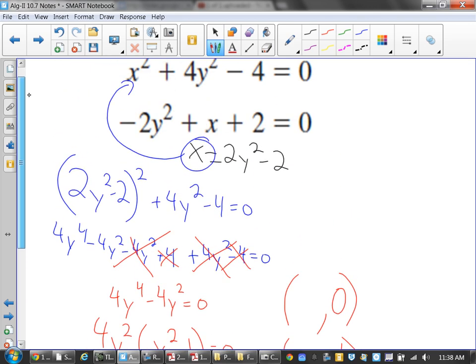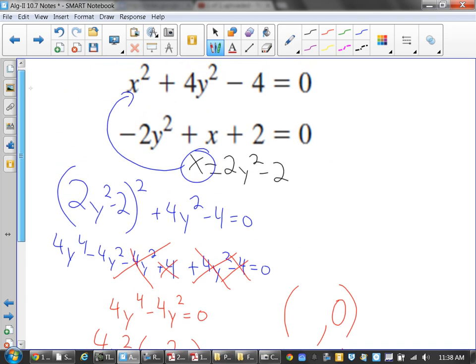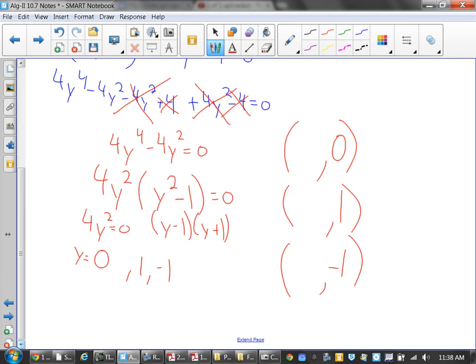If I go way back up top here again, didn't I have x equal to 2y squared minus 2? So x is equal to 2y squared minus 2. What's 0 squared? What's 0 times 2? What's 0 minus 2? Negative 2. What's 1 squared? 1. What's 1 times 2? 2.